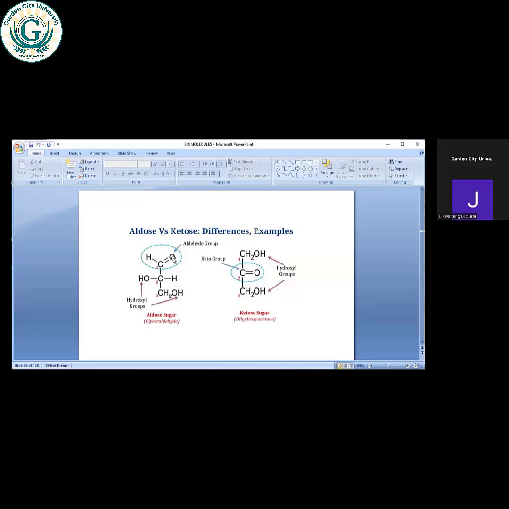You have C double bond O and then at the same time an H, and that's an aldehyde. If you see C double bond O, but you don't have an H, but rather two different alkyl groups, then that becomes a ketone.